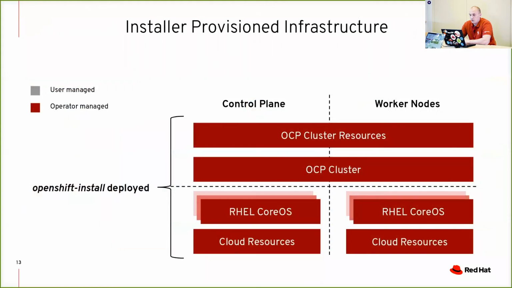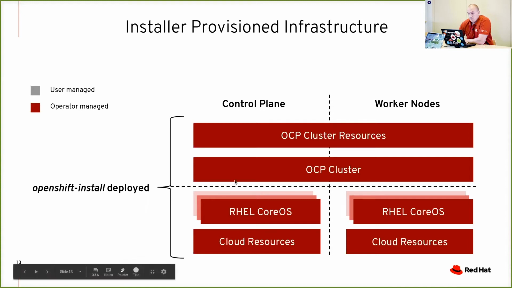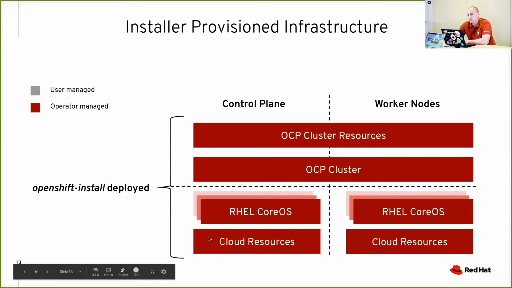Yeah, so for the on-prem and for the custom installations, you have two options. The first option is called installer provisioned infrastructure installation, and this is where you will use the OpenShift installer to deploy not only the OpenShift cluster itself, but also all the infrastructure that is needed to run your cluster. You can see here on the picture that in this mode, the installer will first deploy the nodes, so the control plane, the master nodes, the worker nodes, and then deploy OpenShift on top of them.